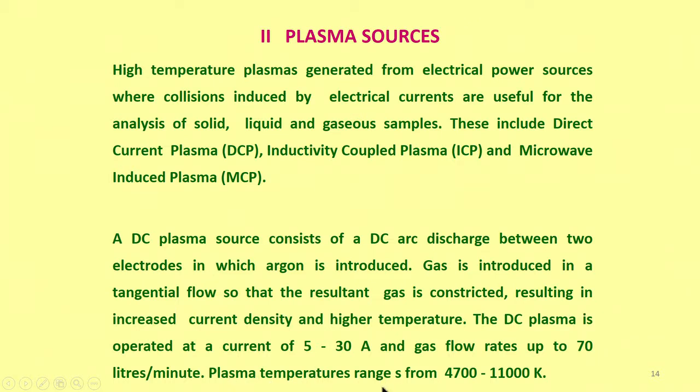Okay. So, the plasma temperatures range from 4700 to 11,000 degrees Kelvin. If you have 30 amperes electric current and I pass gas tangentially, 11,000 degrees Kelvin temperature is generated.